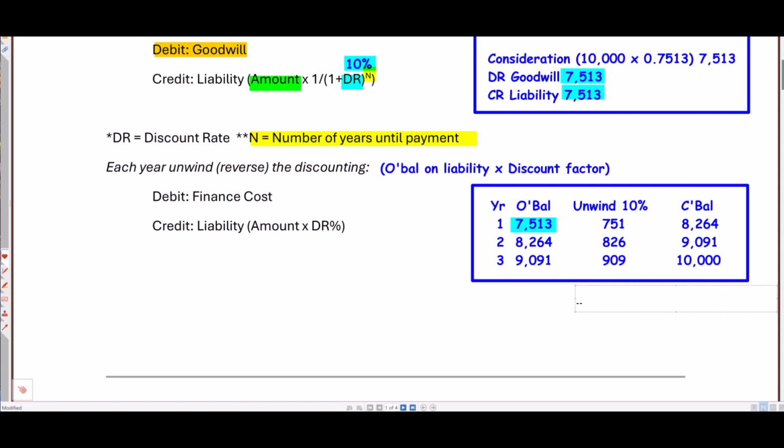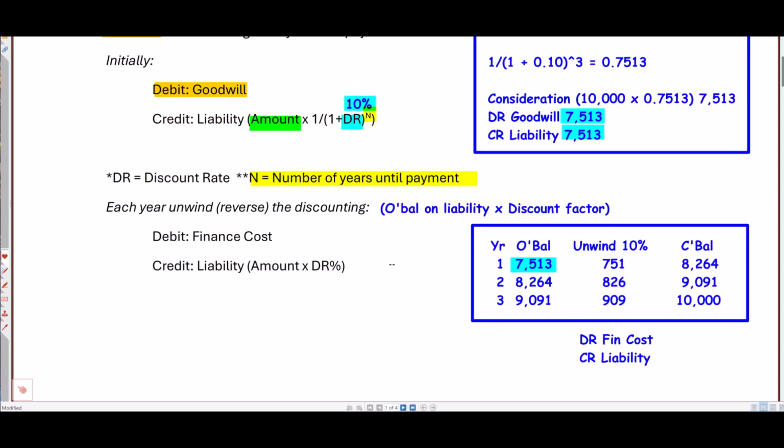So each of those amounts in each of those years will have been debited as a finance cost and credited to the liability. Okay, so that's the treatment for deferred consideration. Step one, discount it back to today's value, and then step two, each year you unwind that discounting, you reverse it, treating it as a finance cost by multiplying it by the discount rate given.